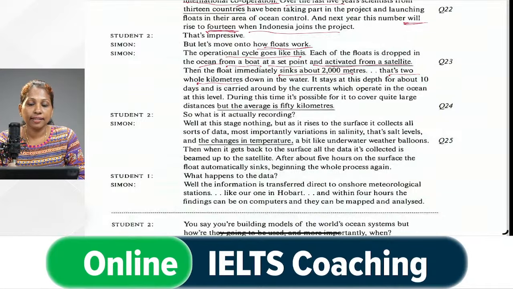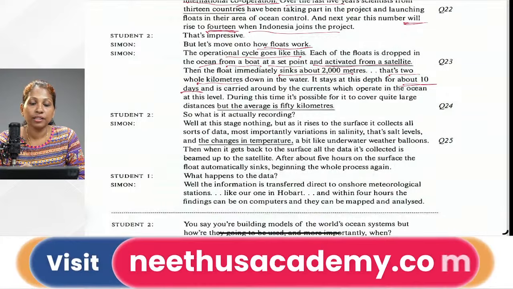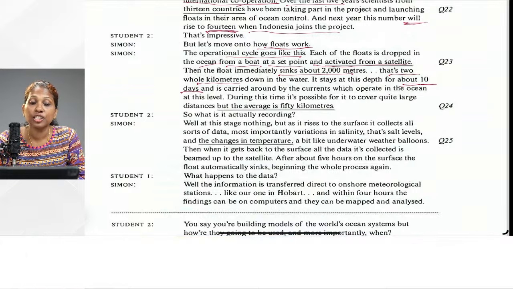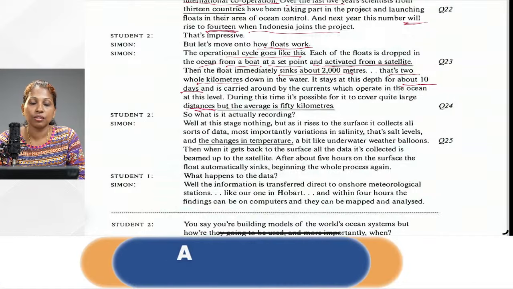It stays at this depth for about 10 days. Again, one number is there which specifies the number of days it stays down there, and is carried around by the currents which operate in the ocean at this level. During this time, it's possible for it to cover quite large distances. Okay, so distances, but the average is 50 kilometers.